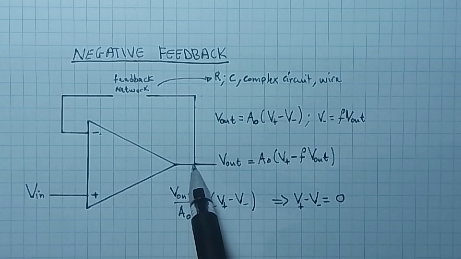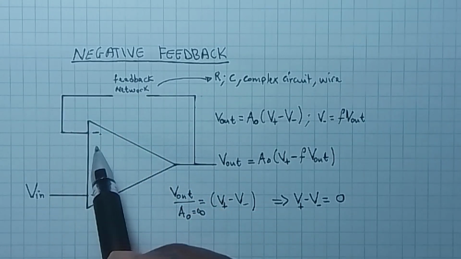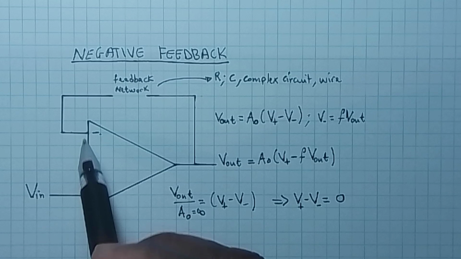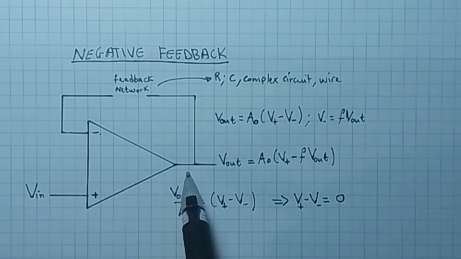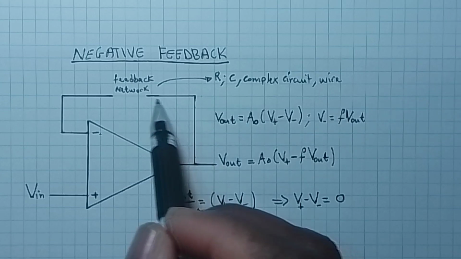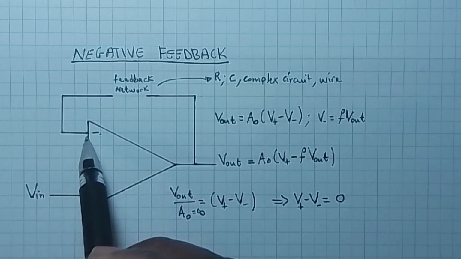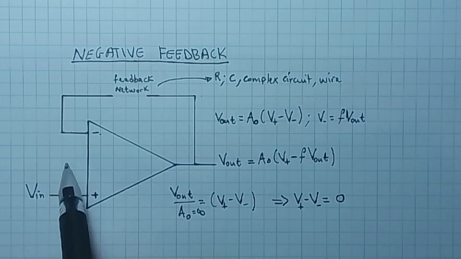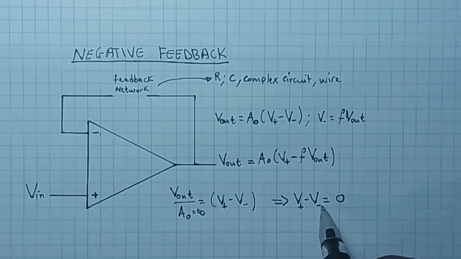So with this feedback technique, anytime the op amp senses a differential voltage in its input, it responds by feeding back a voltage or a current necessary to make that difference equal to 0.